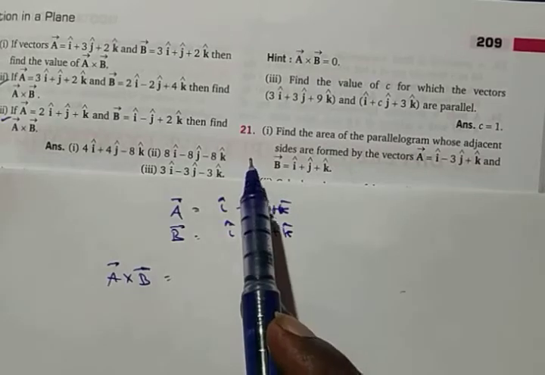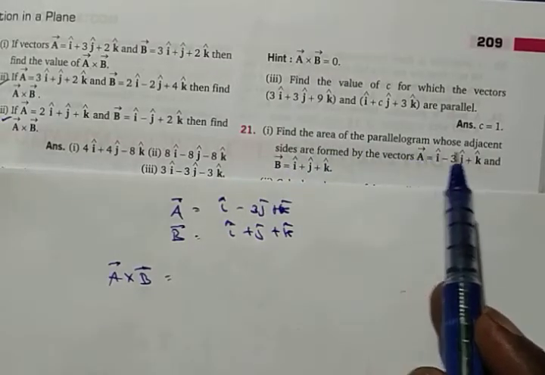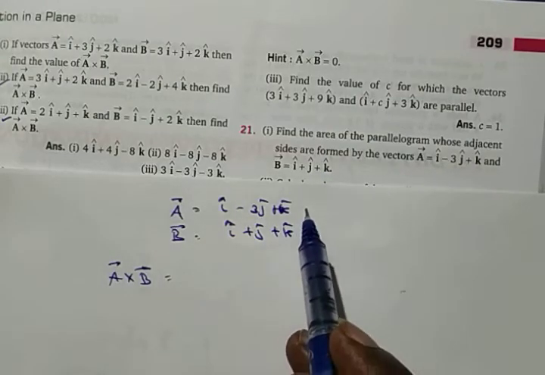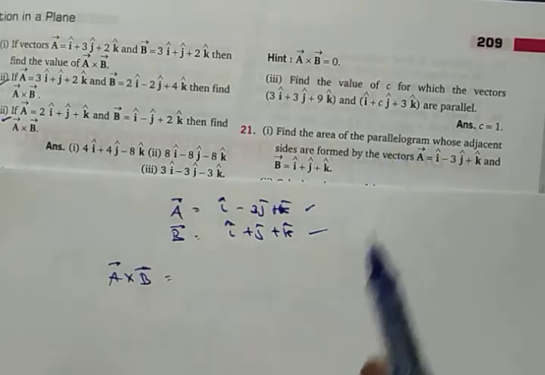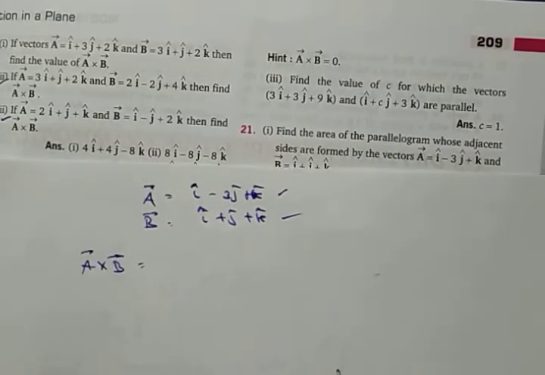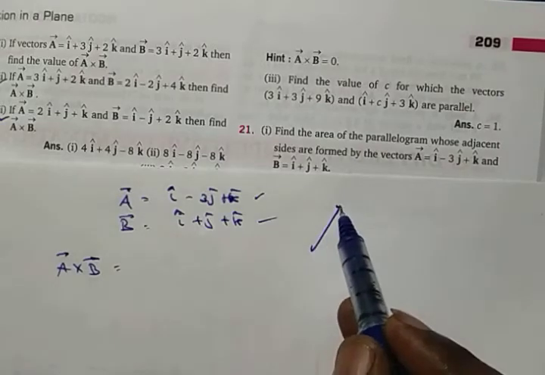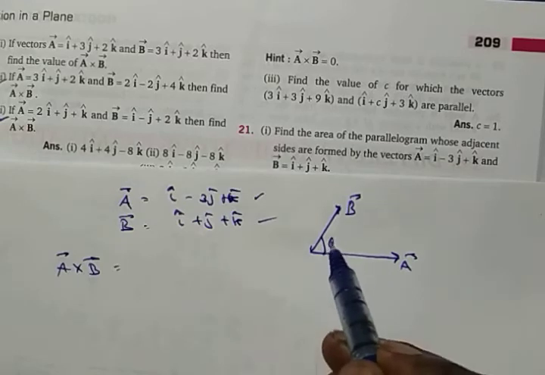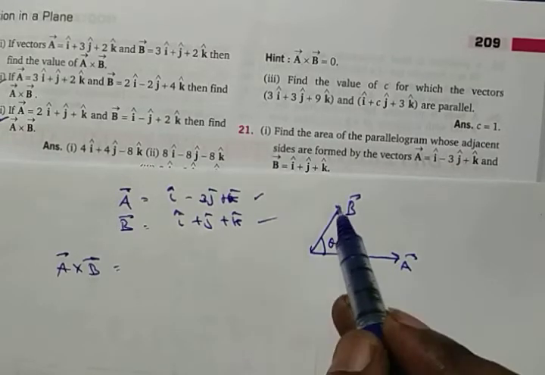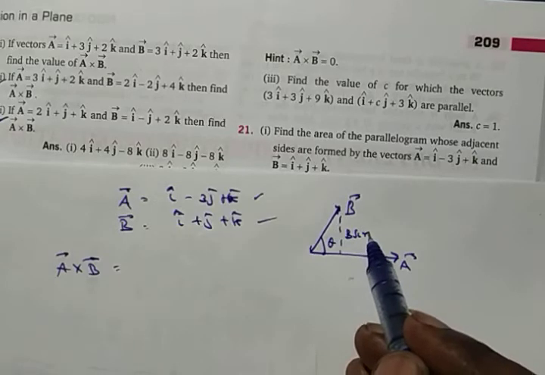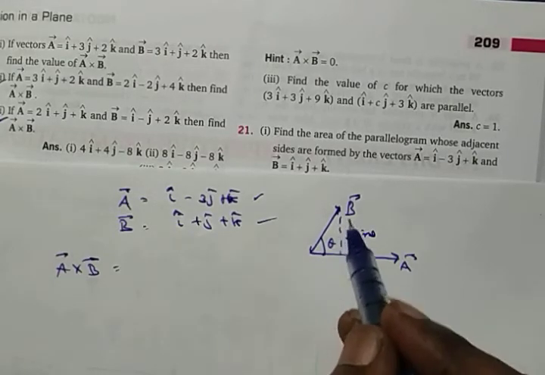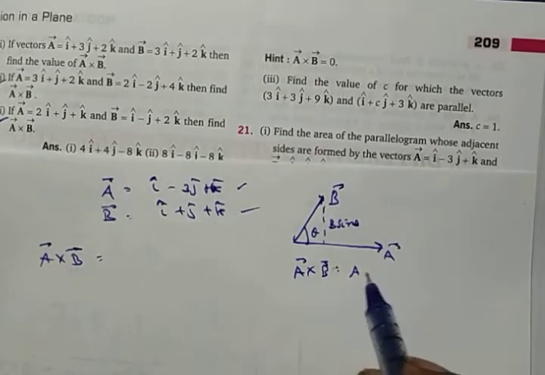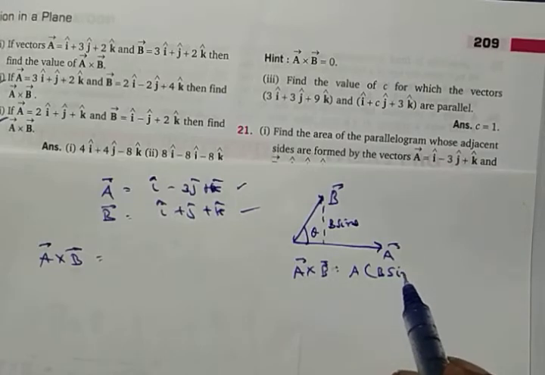The next is question number 21. Find the area of the parallelogram whose adjacent sides are formed by the vectors A and B. So we find two vectors which are given here. We need to find the area of the parallelogram. So already we saw this in the geometrical representation. If this is the B vector and this is the A vector, and there is an angle here, this straight line is called B sine theta, and this will become A cross B. When you try to do it, it is A times B sine theta.